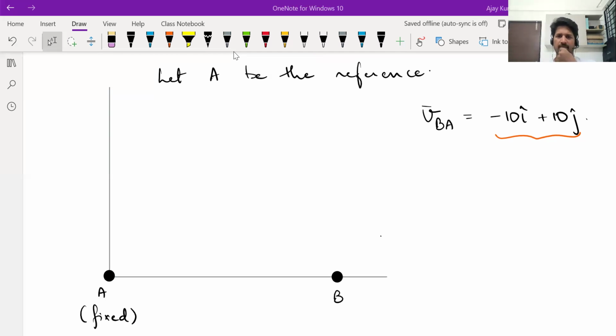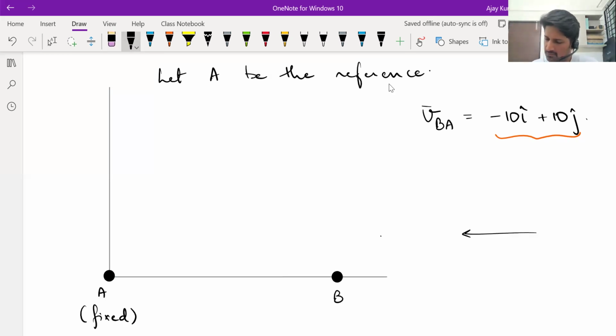Pawan, can you tell the angle at which this velocity points? Minus 10 i cap plus 10 j cap. Sir, 45. Okay, which way? I'll give you some options. This is A. This is B. Sir, B. Okay.